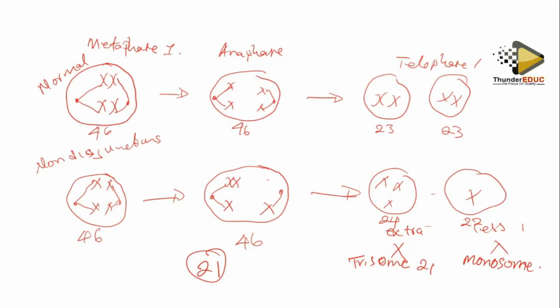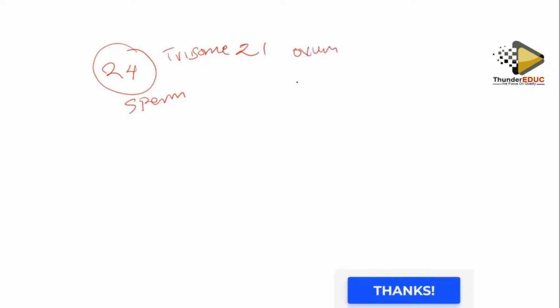Now, what happens if this cell, which has 24 chromosomes, the trisomy 21, fertilizes a normal gamete? For example, this is a sperm, and it fertilizes a normal gamete, which is the ovum. The normal ovum has 23.